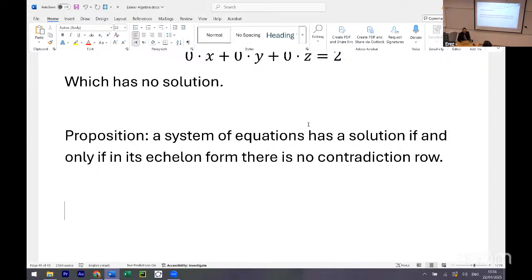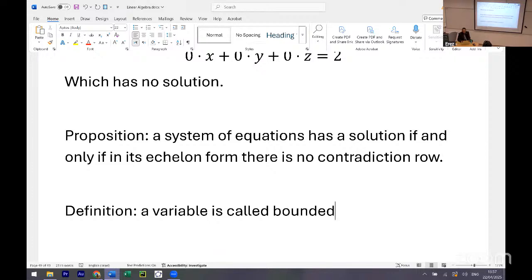So another definition. Now I really am nearing the end, I think. A variable is called bounded if there is a pivot in its column.